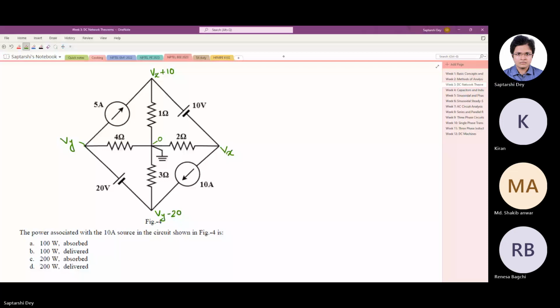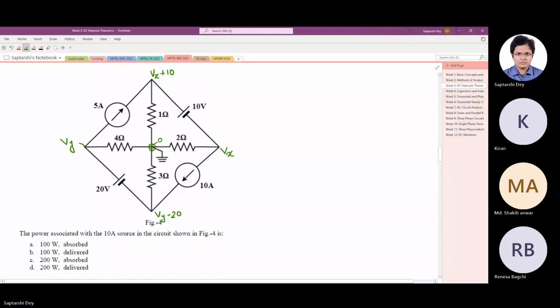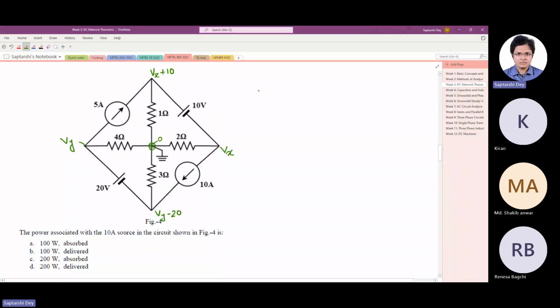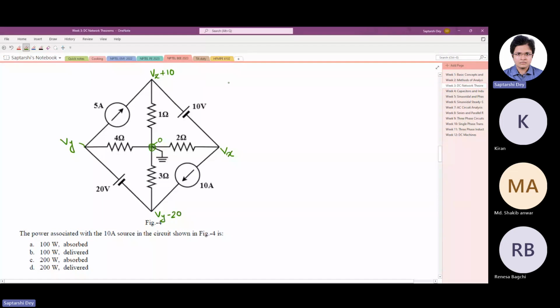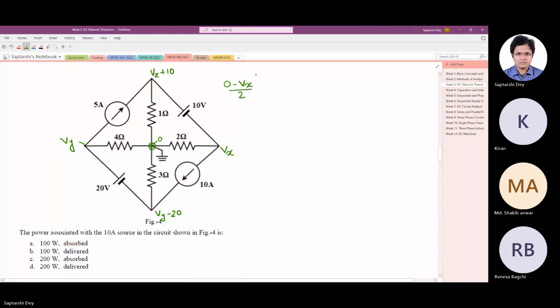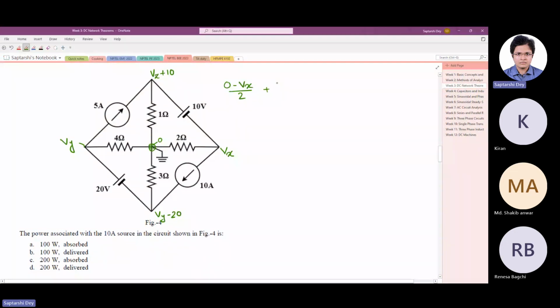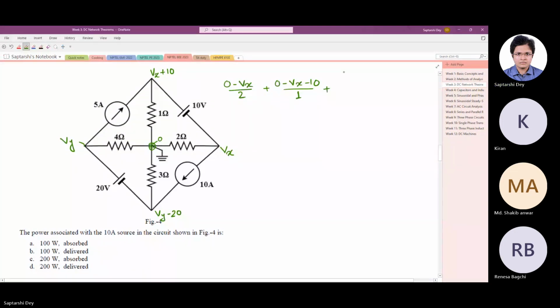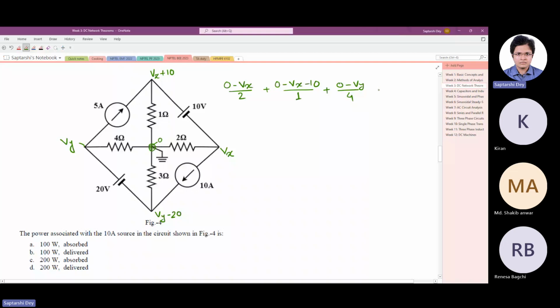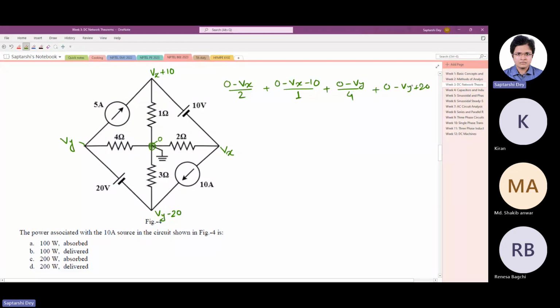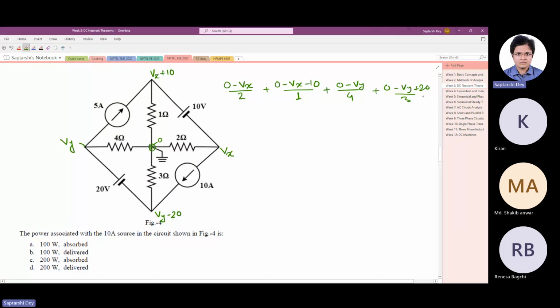Let us start by node analysis of this point. We will write the currents flowing out. So currents flowing out: (0 minus Vx) by 2 plus (0 minus (Vx minus 10)) by 1 plus (0 minus Vy) by 4 plus (0 minus (Vy plus 20)) by 3 equals 0.